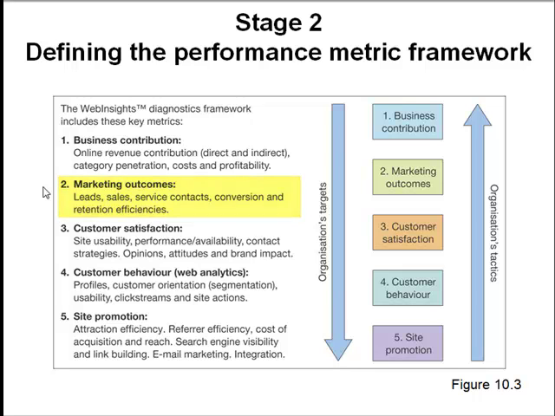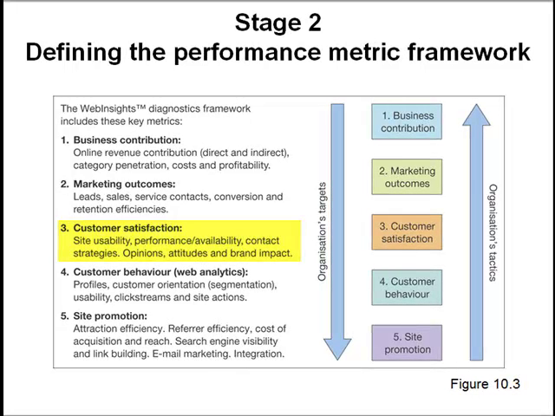What are you trying to accomplish with what you're marketing? Are you trying to accomplish more leads, more sales, more contracts, more conversions, more retention from the current customers that you have? And then you want to understand more about the customer satisfaction: their performance and availability, the contact strategies, what are their opinions, what are their attitudes, and what is the brand.